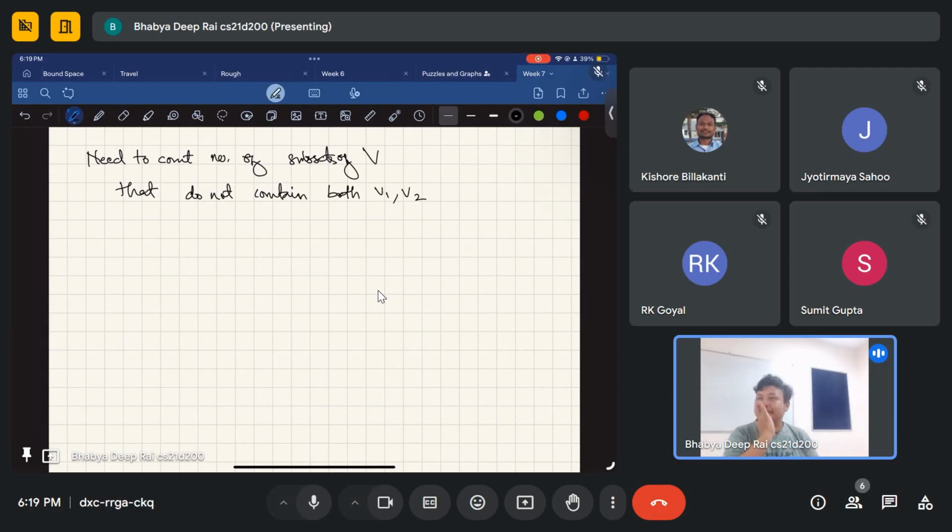Now there are quite a few ways to do it, but let's do a simple counting argument.